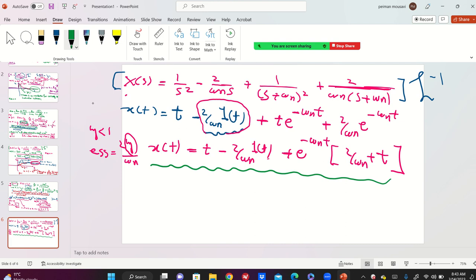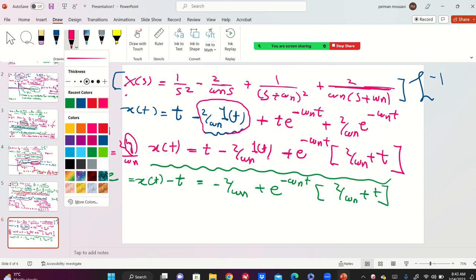And the input minus output, which means the steady state error signal, is this: 2 over zeta omega n plus e to the minus omega n t times 2 over omega n plus t.